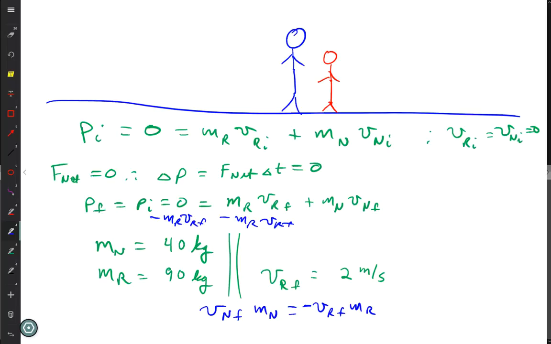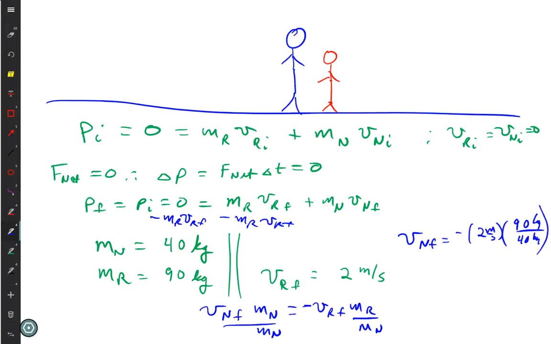And so there's a minus sign there. Divide both sides by the mass of Naoko. Speed of Naoko final should be equal to minus my speed of 2 meters per second times my mass of 90 kilograms divided by her mass of 40 kilograms. And so 90 times 2 is 180 divided by 40.